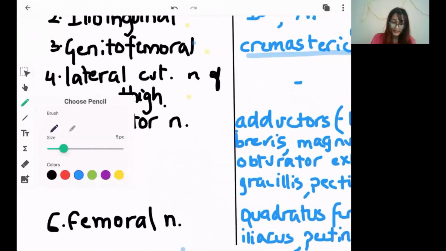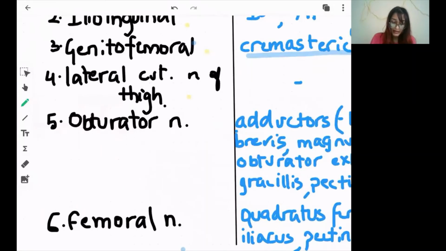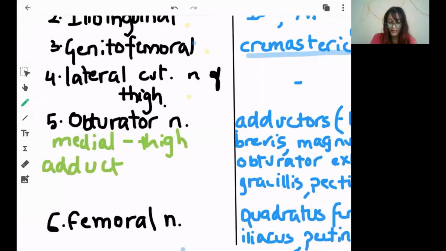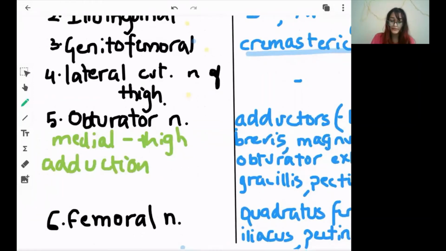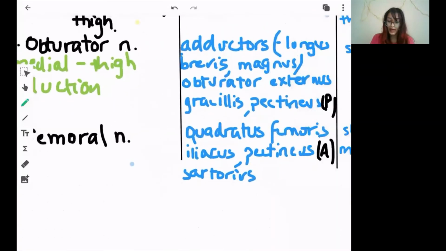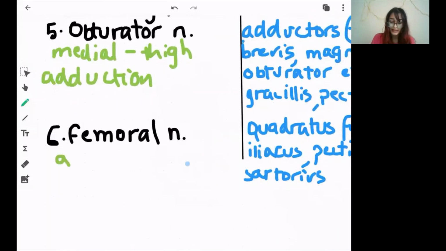You can write here as well. It supplies the medial compartment of thigh, and the function of all these muscles is basically the adduction of thigh. And femoral nerve supplies the muscles that are in the anterior compartment of thigh.